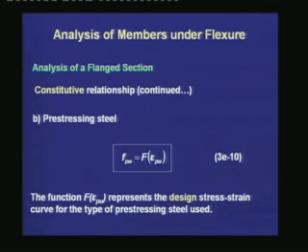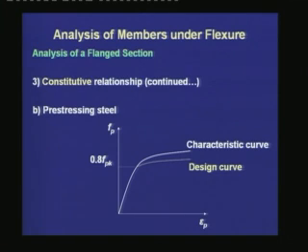For the pre-stressing steel, the constitutive relationship can be expressed in the form FPU is equal to a function of epsilon PU, where the function f of epsilon PU represents the design stress strain curve for the type of pre-stressing steel used.